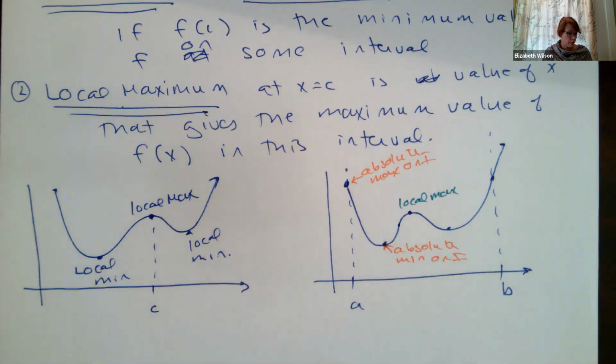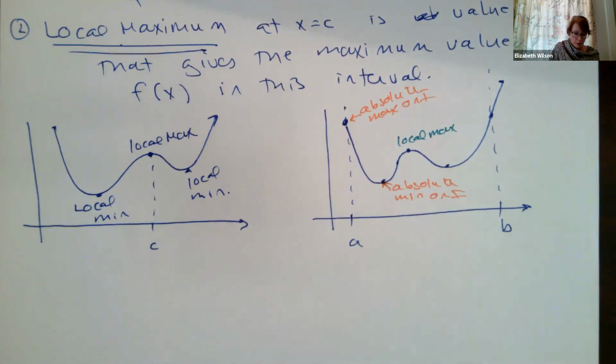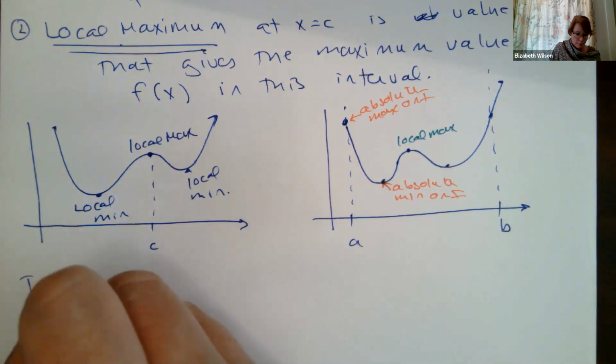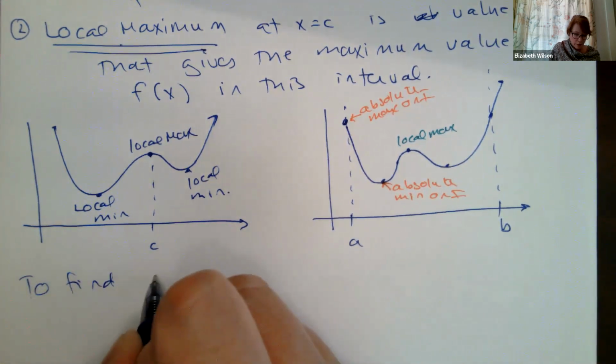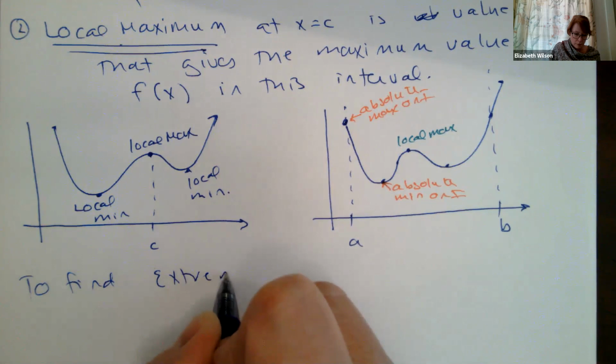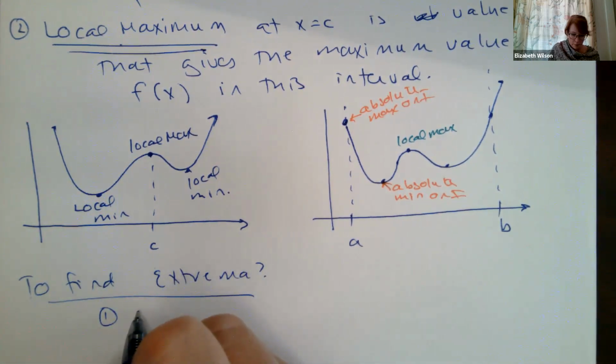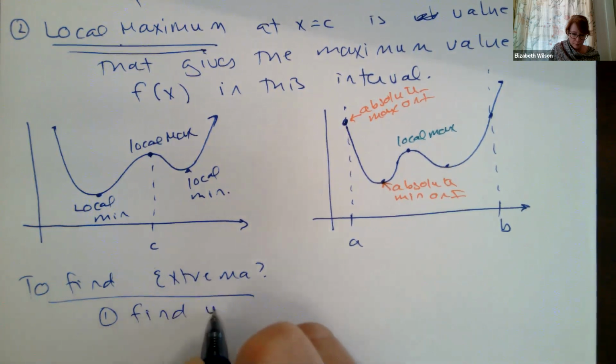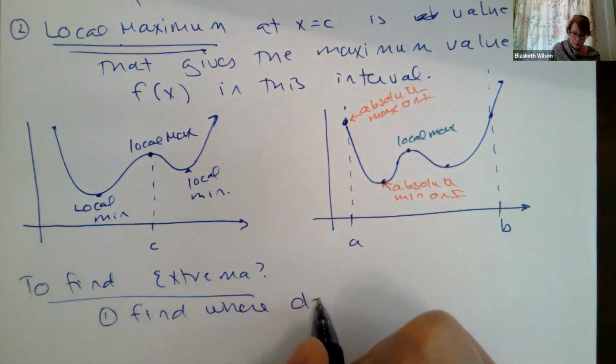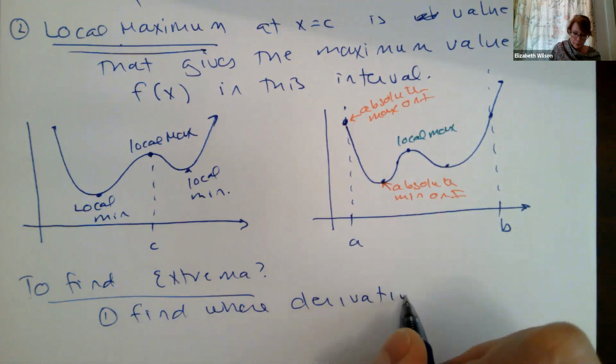what we need to do, okay? So the first thing we do is how to find extrema. Our first step is, I want to find where the derivative is equal to 0.